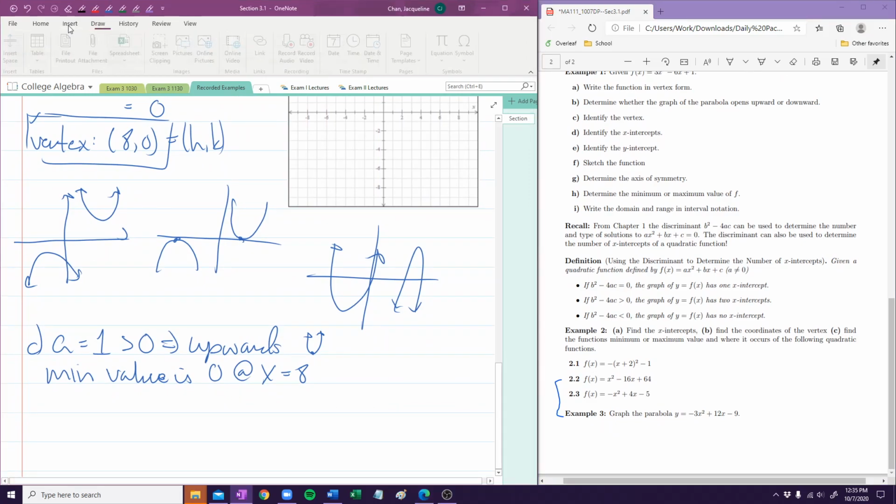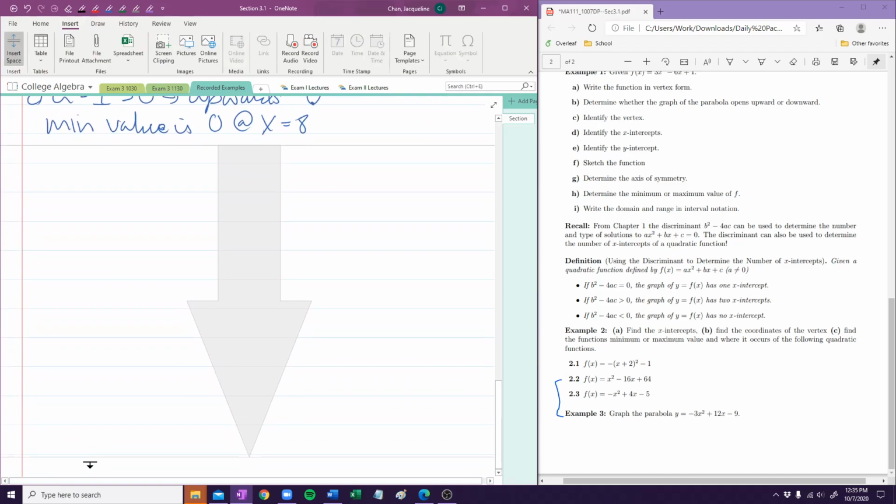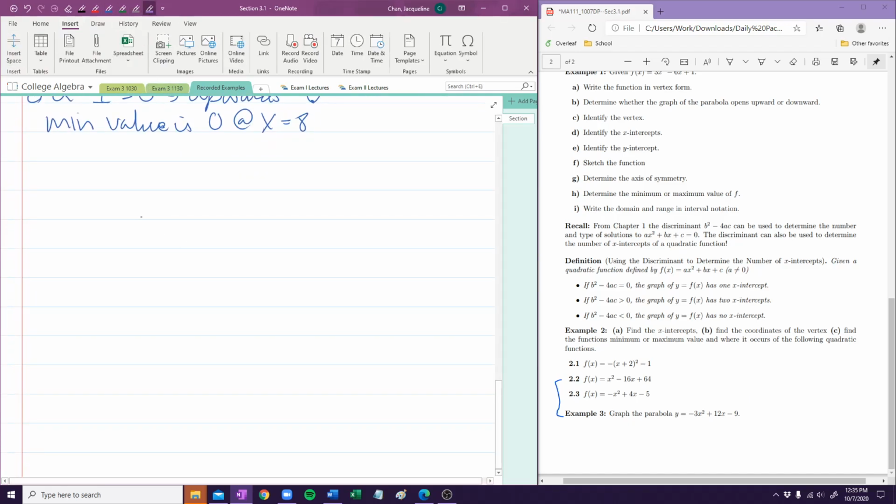Now let's do another example. Okay, so we're going to do 2.3. For 2.3, we are given f of x is equal to negative x squared plus 4x minus 5. Again, I'm going to find the vertex form.